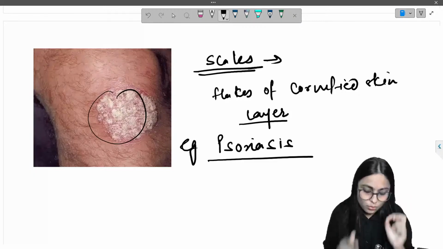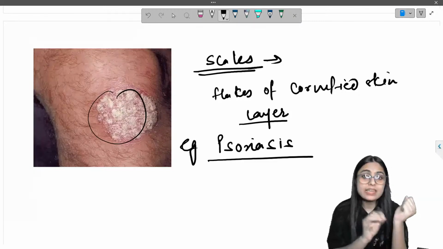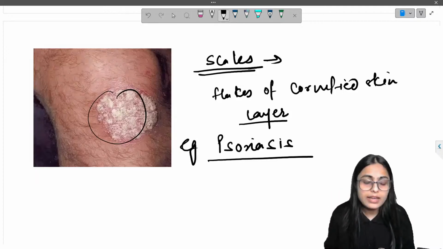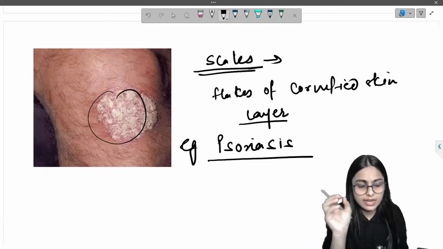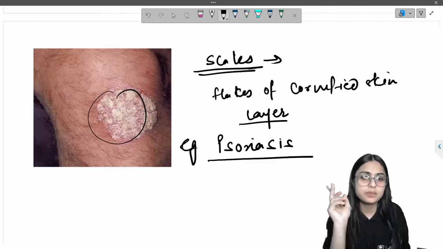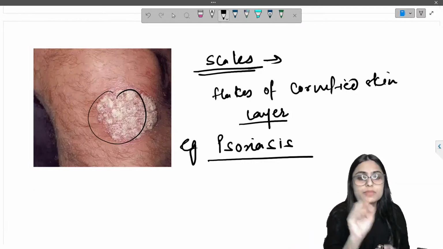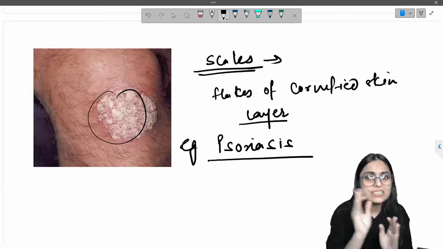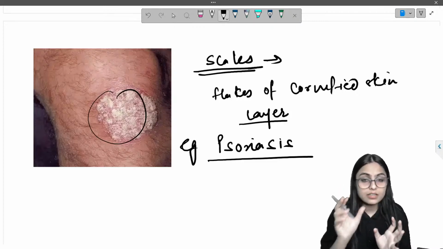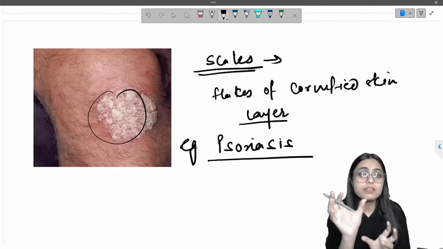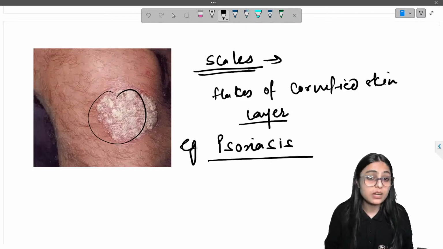That is a characteristic feature that you see in psoriasis, and that is called Auspitz sign. So Auspitz sign is positive in psoriasis. We can say this is a takeaway from this topic.